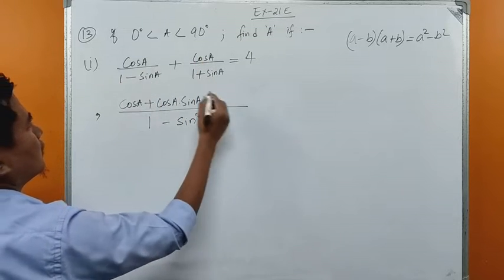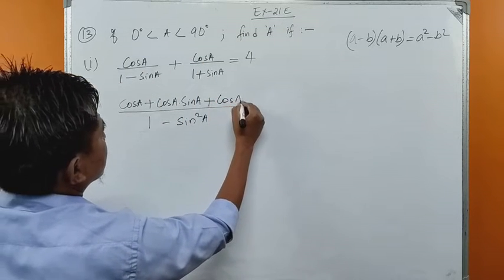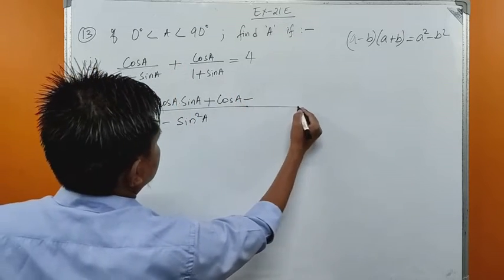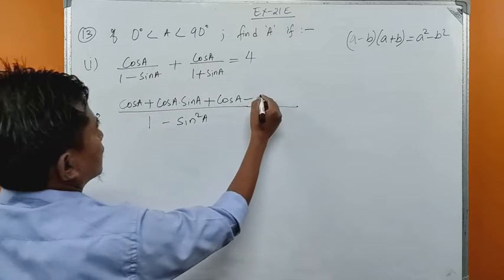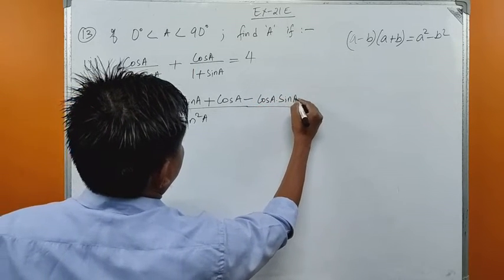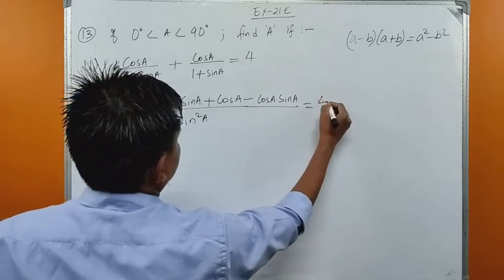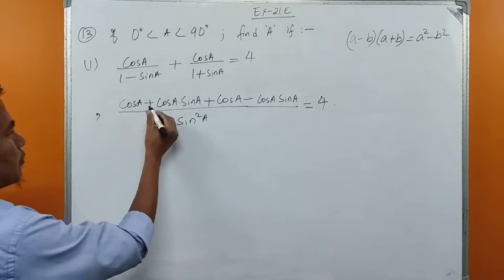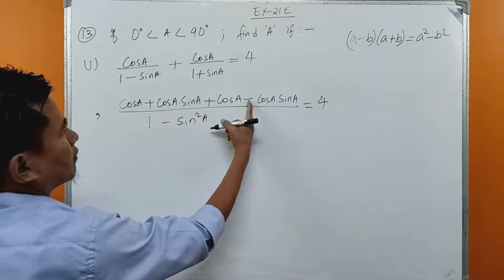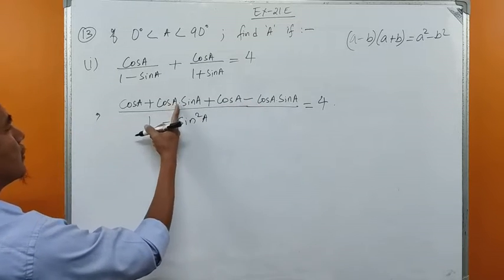Cos A into 1, cos A, plus into minus, minus cos A into sin A, cos A sin A equals to 4, isn't it? So this plus cos A sin A minus cos A sin A, same number but opposite sign. This is minus and this is plus.